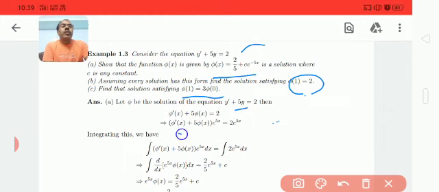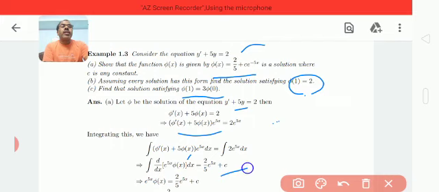This is the derivative of the product of two functions, e to the power x into phi x. So it is nothing but e to the power x into phi of x, and this is the integration of the right hand side.